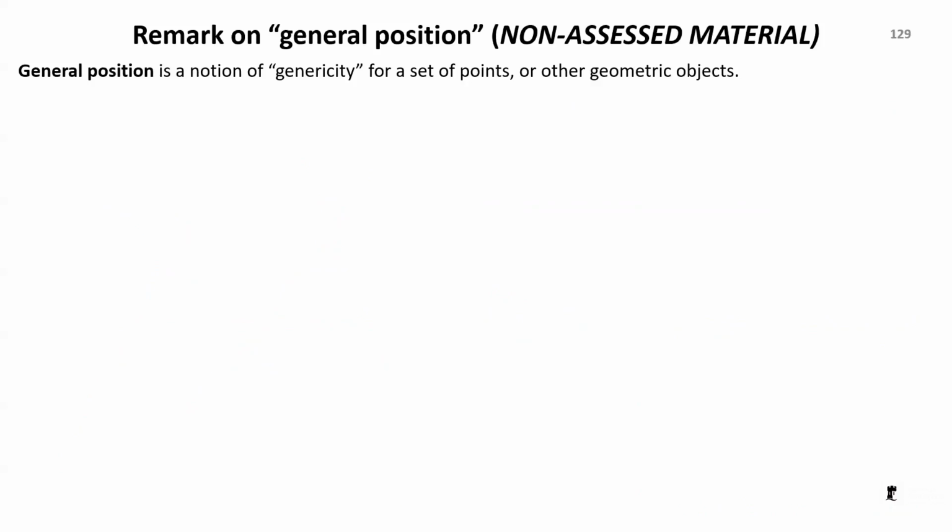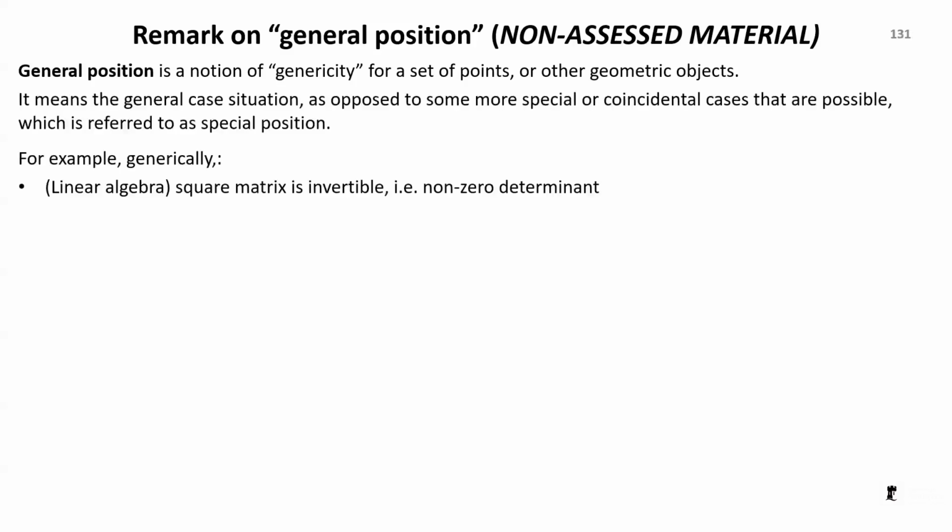Some remarks about general position. These are not assessed, but good general information for you. General position is the notion of genericity of a set of points or other geometric objects, and it is used in various fields.